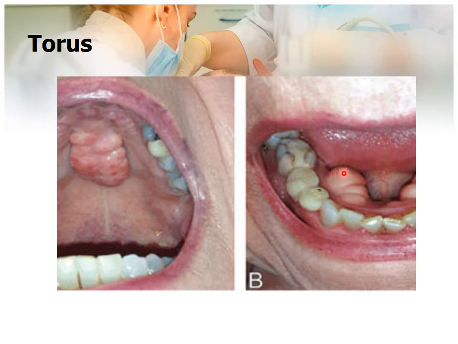Anyhow, torus palatinus is the most common atypical finding in the hard palate. This torus may range in size and have a smooth surface texture.